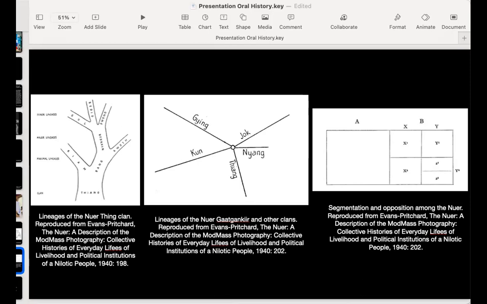So Evans-Pritchard was in Africa studying the Nuer, and in this particular book, The Nuer, he was discussing the different ways we can understand kinship, or how people understand their relationship with one another within the community.